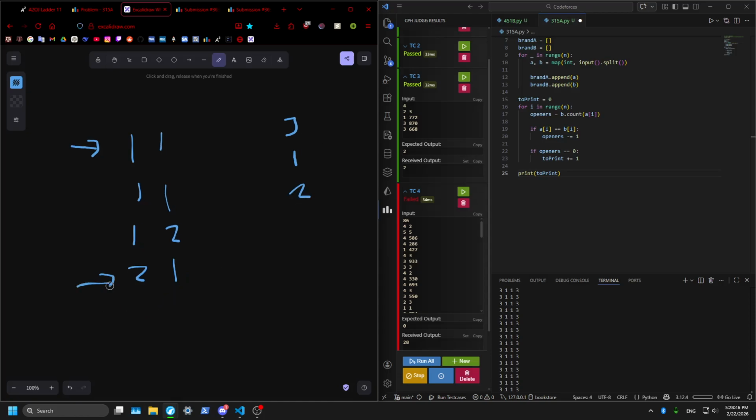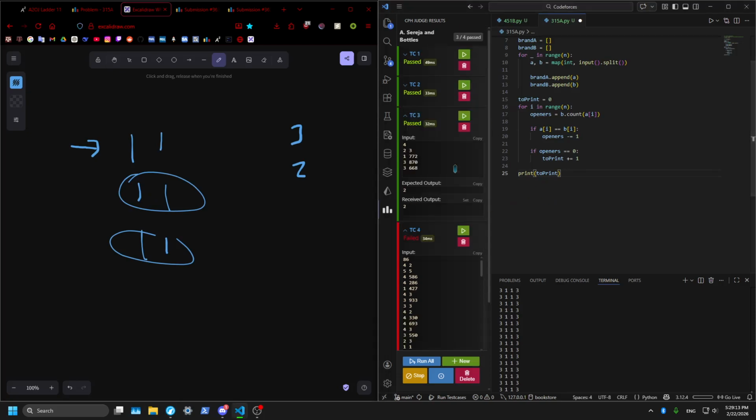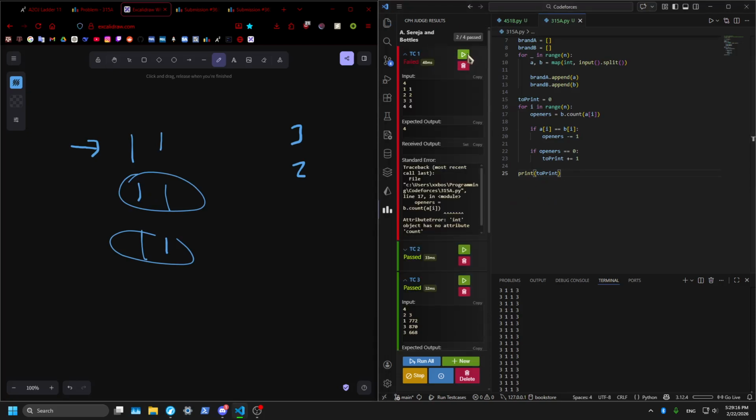But there's still something that can open it. Well, yeah, because even if we have 1, 1, 1, 1, 1, 1, openers equals 3, minus itself is 2. Still have 2 different ones I can open. So this should work. This, maybe not.